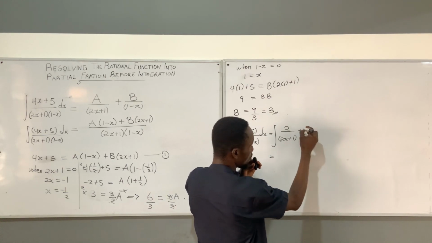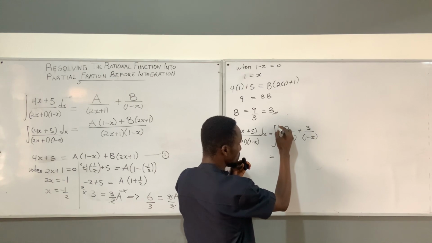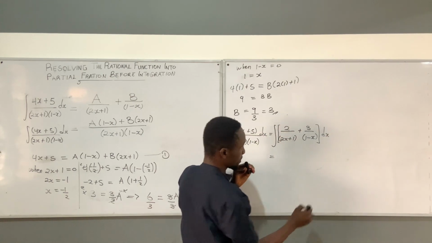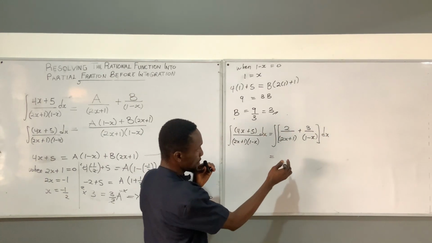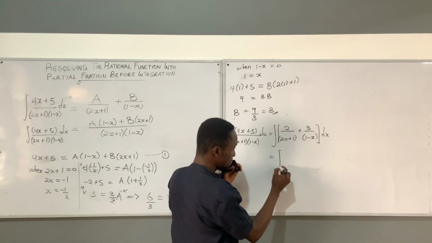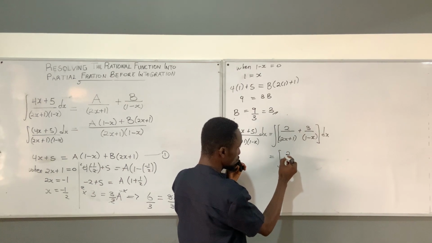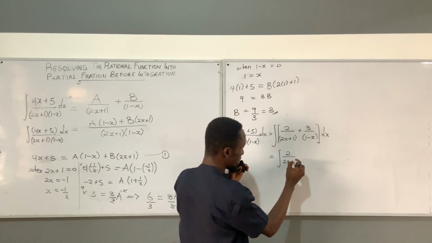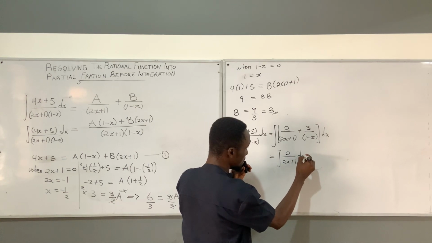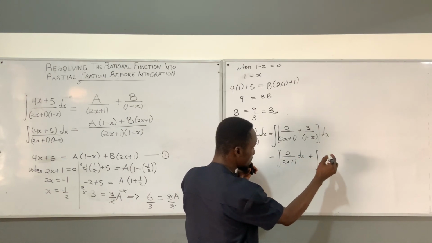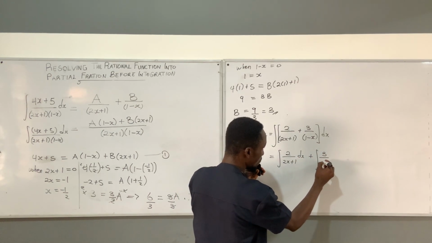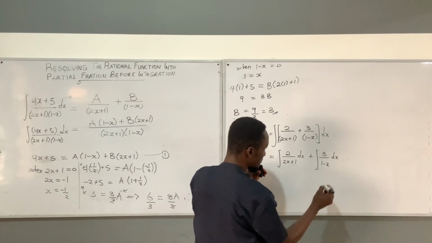Don't forget that the whole function is being multiplied by dx, which we have here. So now we are going to have integral of 2 over 2x plus 1 dx plus the same integral 3 over 1 minus x dx.